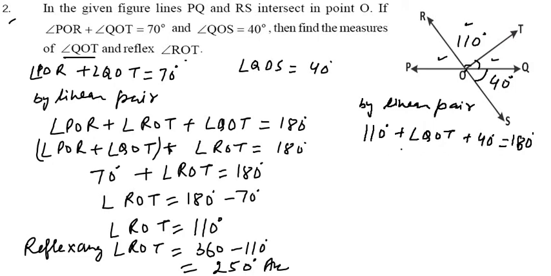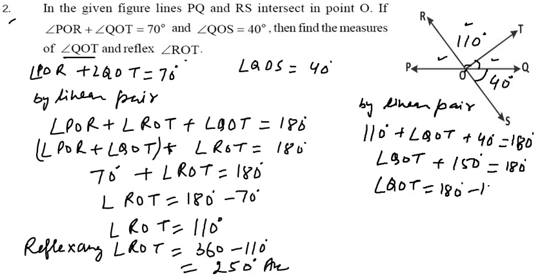It is by linear pair. So angle QOT plus, 110 and 40 is 150 degrees, is equal to 180 degrees. So QOT will be equal to 180 degrees minus 150 degrees. So QOT will be equal to 30 degrees, and that will be your answer.